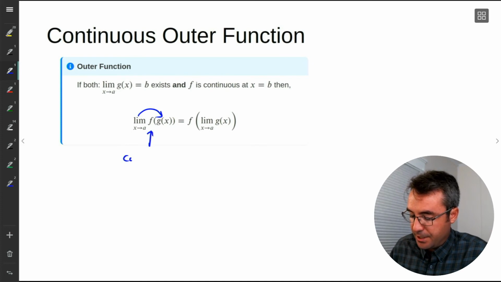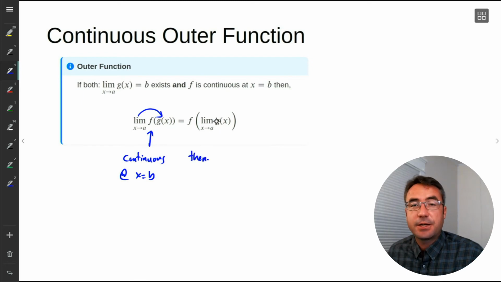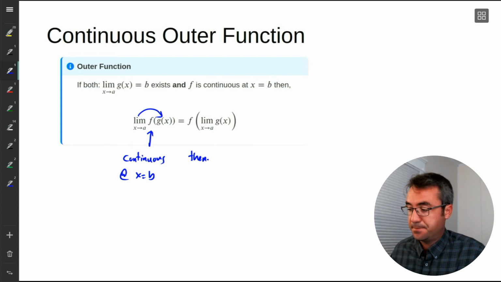So our outer function here is continuous at x equals b. Then if that's the case, we can actually bring the limit inside and do the limit of our inner function first.